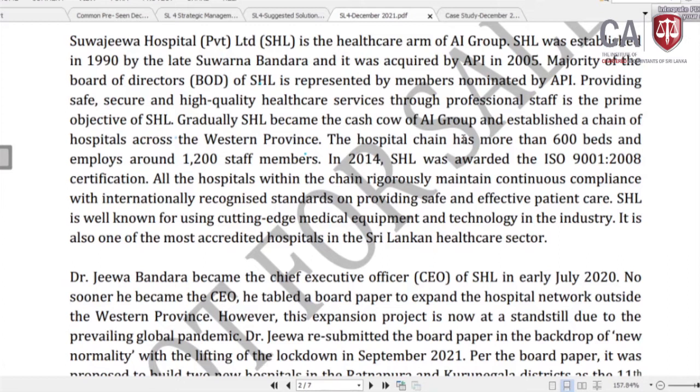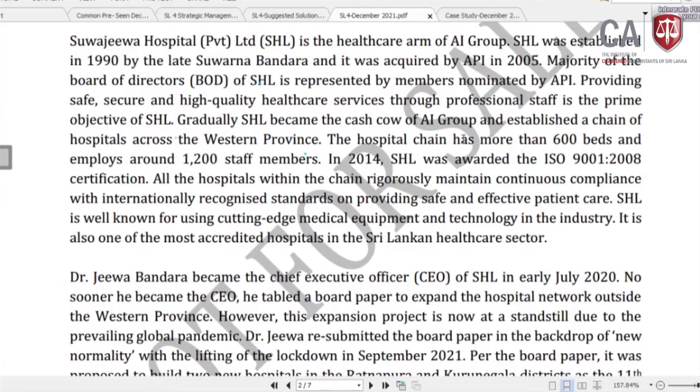Employees, patients, very important, customers in other words. Then there may be some suppliers, for example, doctors, then there may be some doctors' associations like the Government Medical Officers' Association, GMOA.